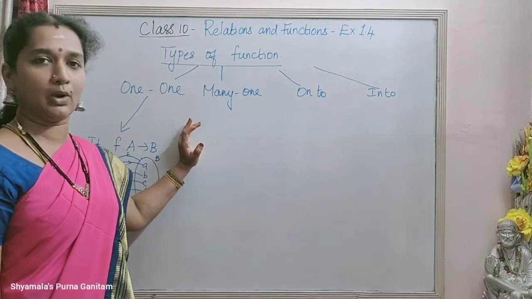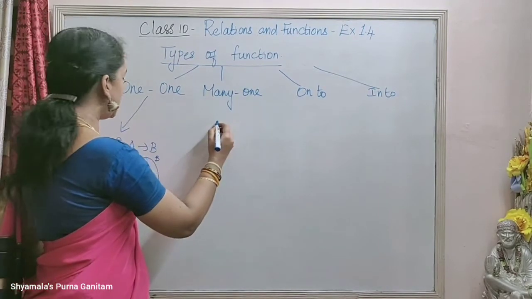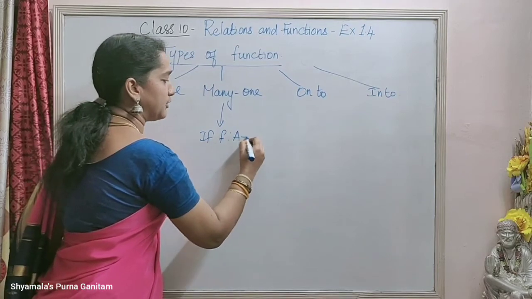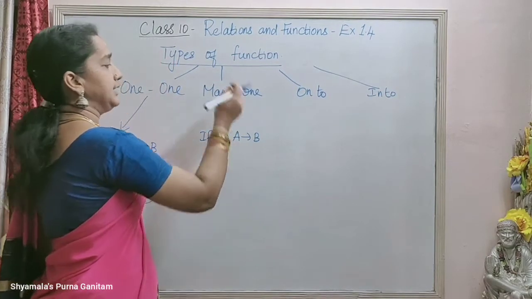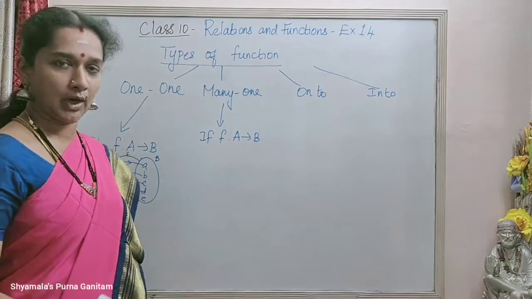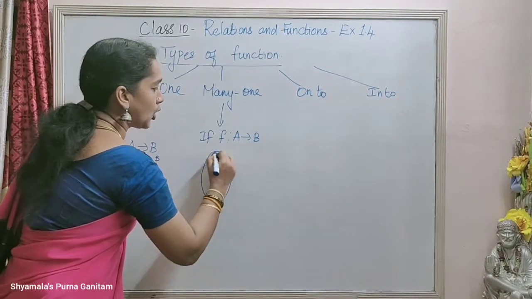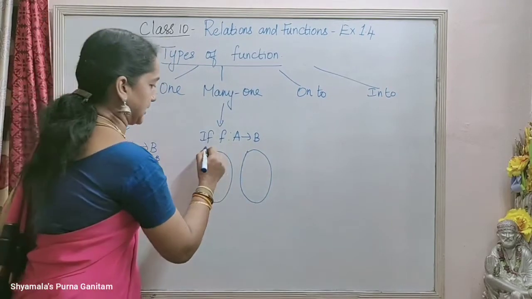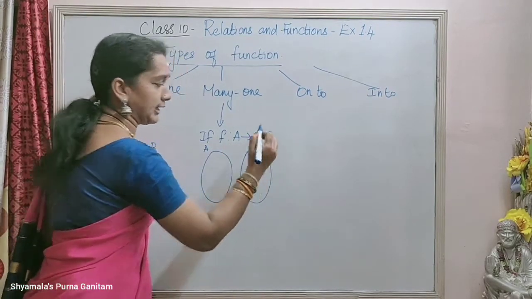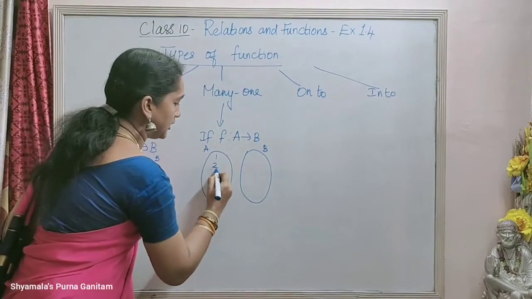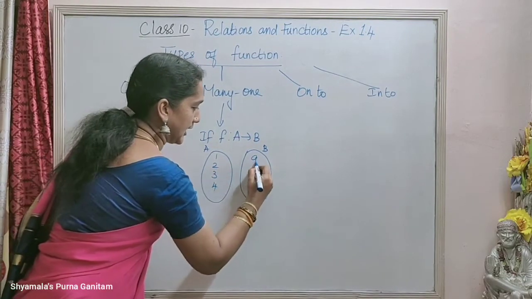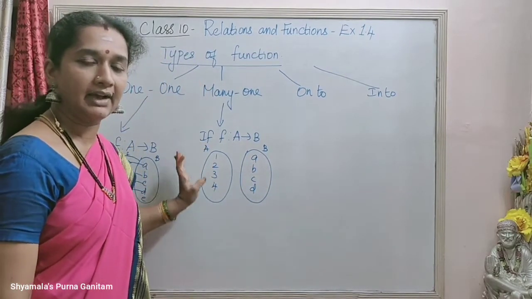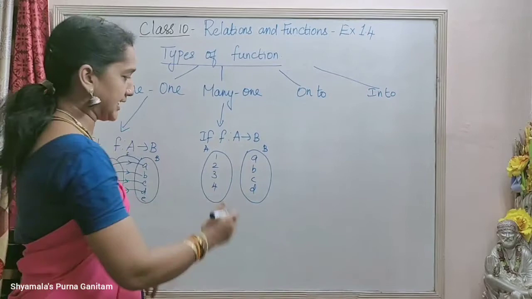This is one-to-one function. Then many-to-one function: if a function f is defined from A to B and 2 or more elements have the same image in the next set, the function is called many-to-one. If we take the sets A and B, with 1, 2, 3, 4 and A, B, C, D, then 2 or more elements have the same image in the next set.